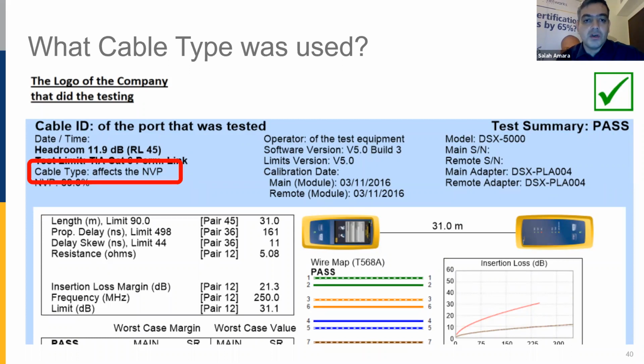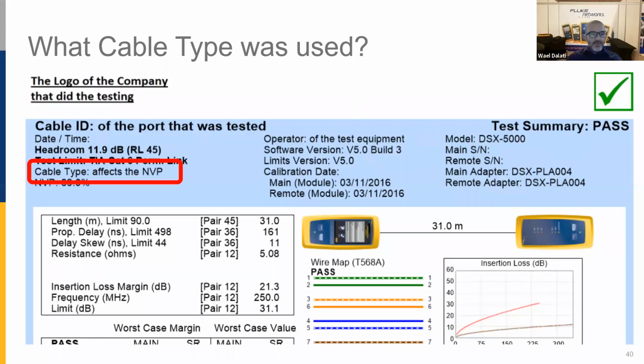It might be that the tester was reading, for example, the near-end crosstalk value wrongly. So we cannot do that. We need to really do the test again. So make sure before you go to the field that the unit is calibrated, so you don't need to rework your job again.